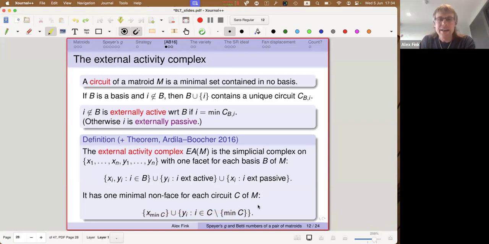The definition makes it not too hard to check that if I have the facet for a basis B, then this coloring on the X's and Y's is exactly what I need so that the non-face for C sub B,i misses the facet, isn't a subset of the facet for B. But there is much more to the statement, that none of the bases intersect any of the colored circuits this way, and that is one of their theorems. This is a duality of sorts between colored bases and colored circuits.